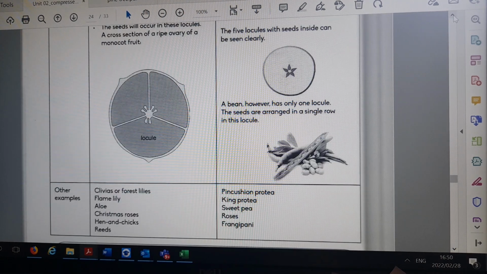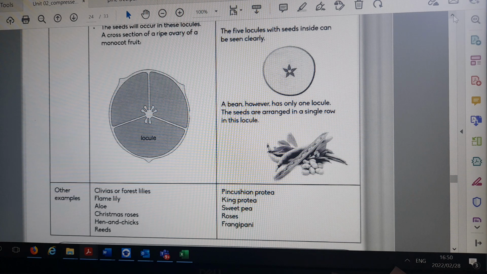This brings us to the end of our lesson on plants with seeds and the flowering type of plants. Okay, remember we've got plants with seeds and plants without seeds. Under plants with seeds we've got cone bearing plants which are gymnosperms, and we've got flowering plants which are angiosperms.